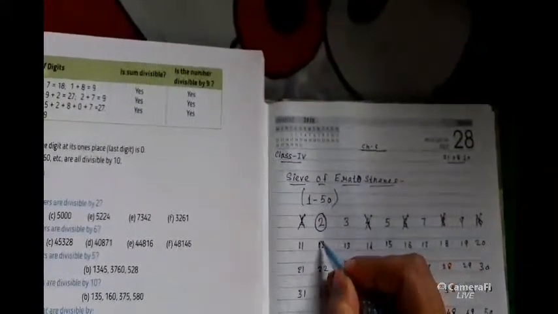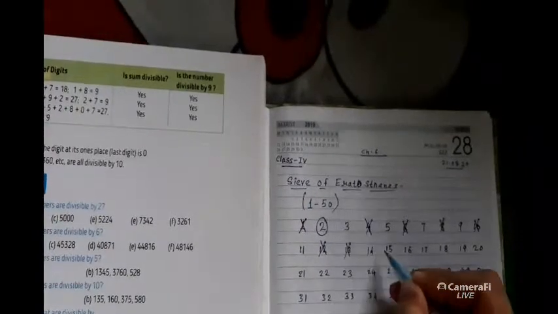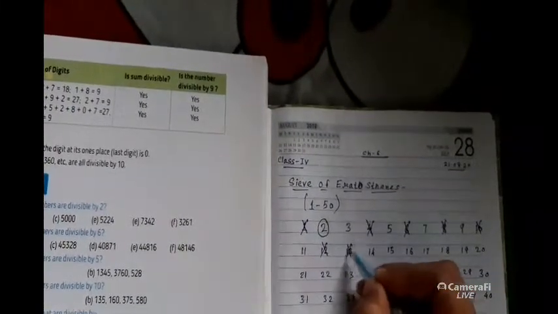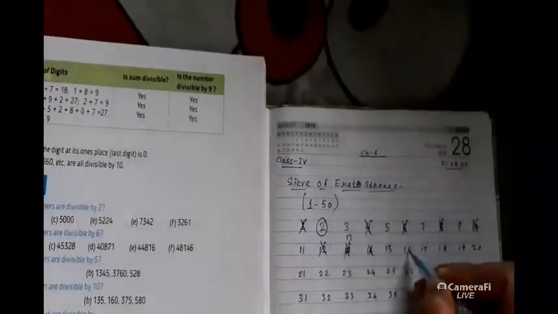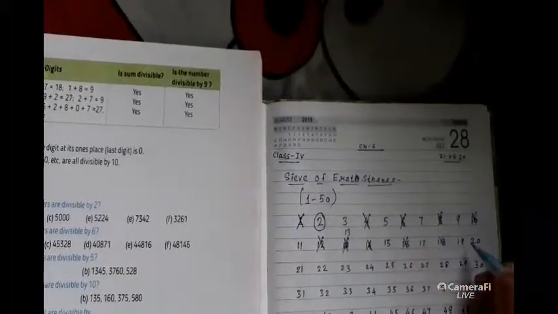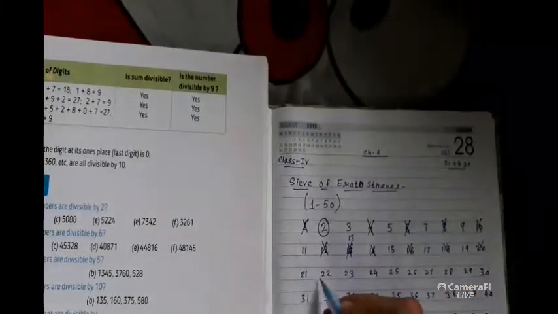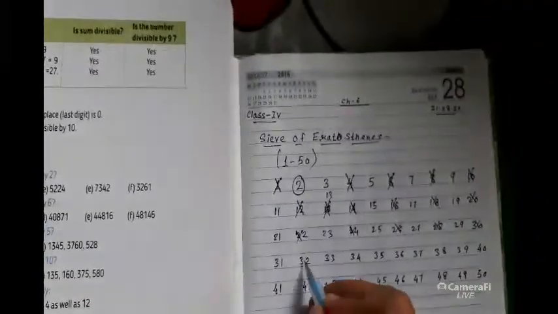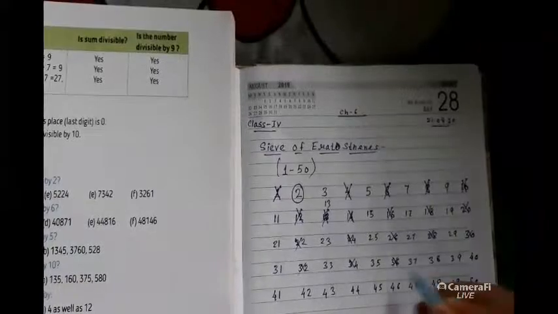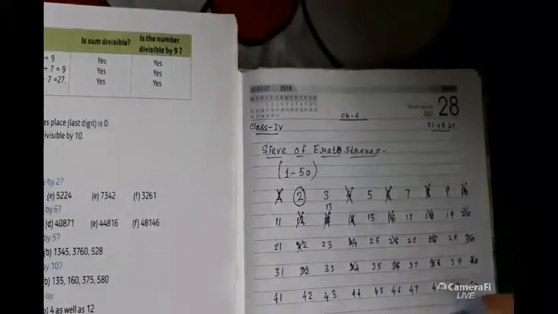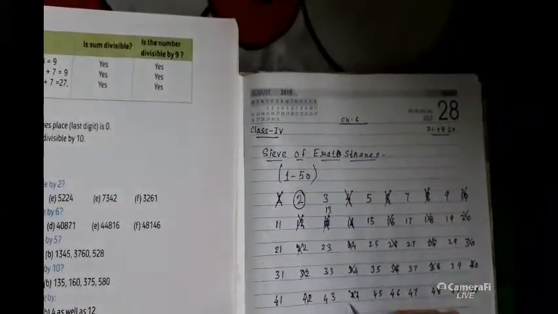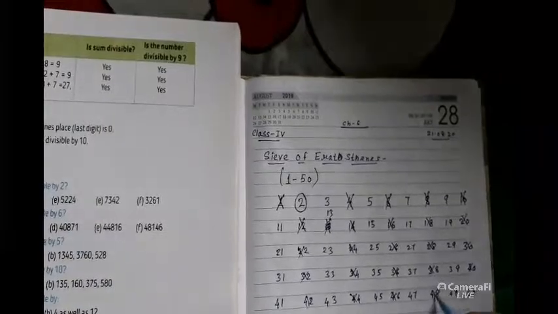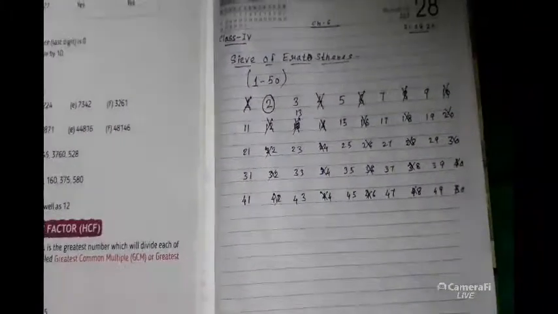So 10, then 12, 14, 16, 18, 20, 22, 24, 26, 28, 30, then 32, 34, 36, 38, 40, 42, 44, 46, 48, 50. So the second step is done.